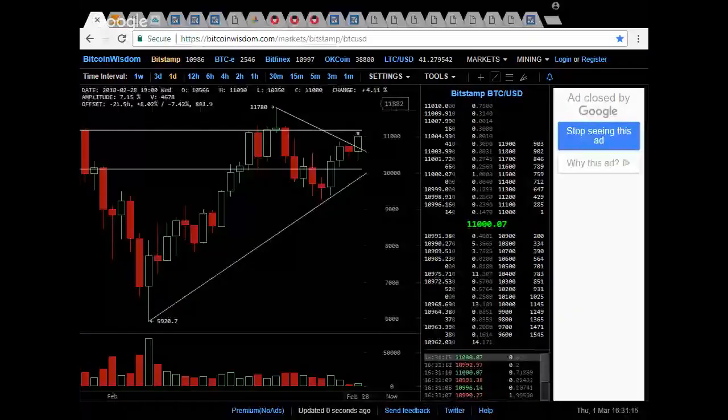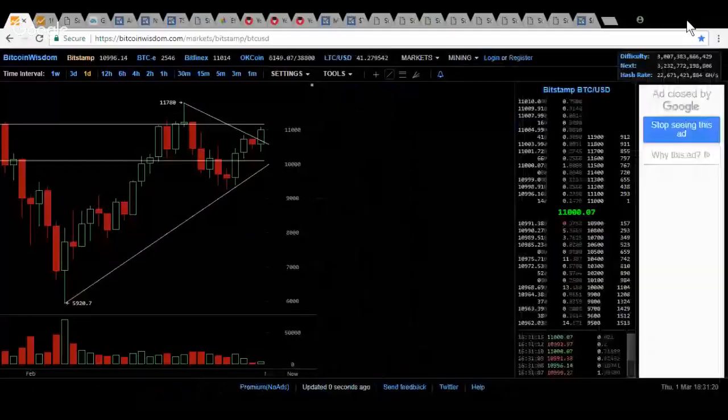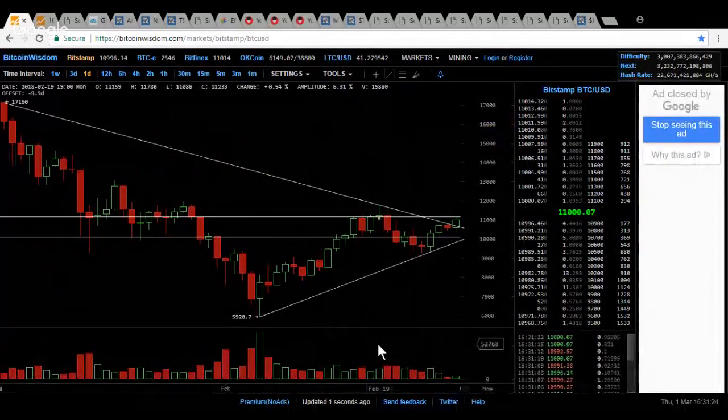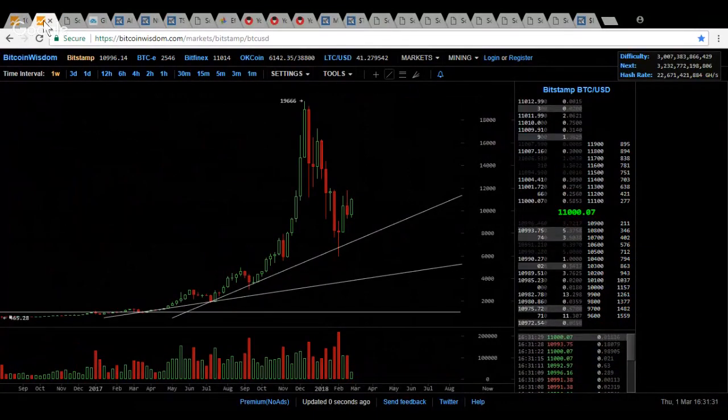And the way we will do that is by quickly doing a screen share, and we will look at a chart that you have seen many times before, which is on Bitcoin Wisdom, and I am going to switch to the hyperwave of Bitcoin.